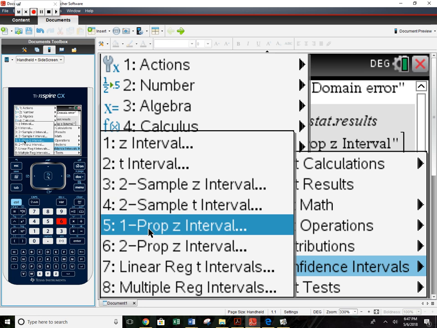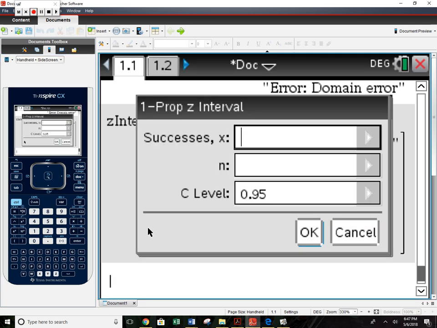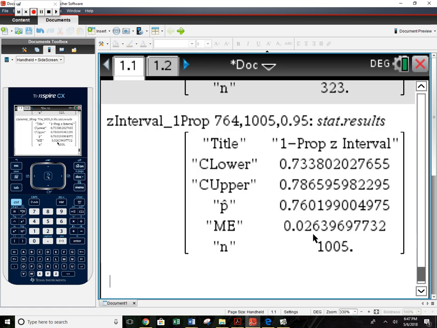Okay, you've got to come down here and do prop test. Number of successes: 76% of the 1,005. I've already got it. 764. N is 1,005, and we're going to go 95% confidence level.